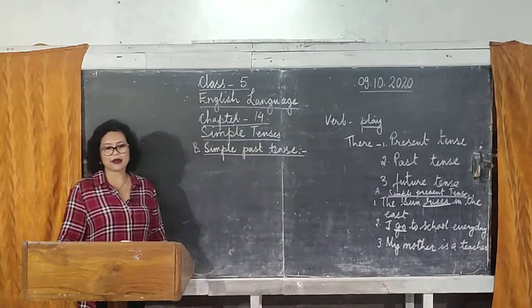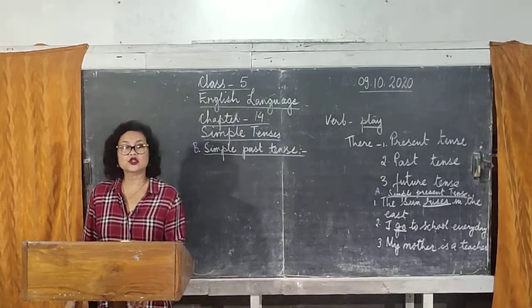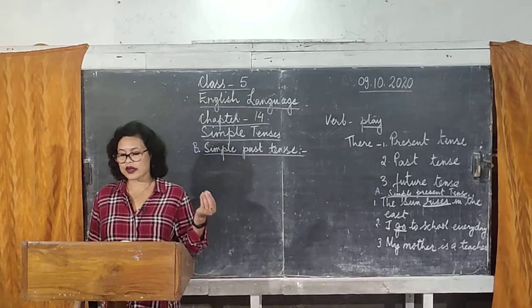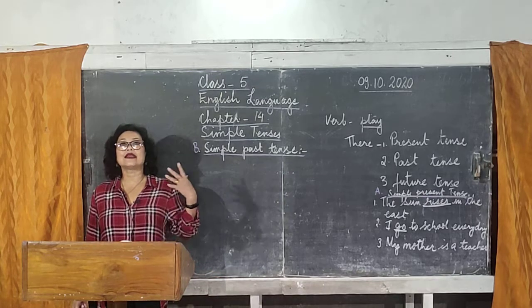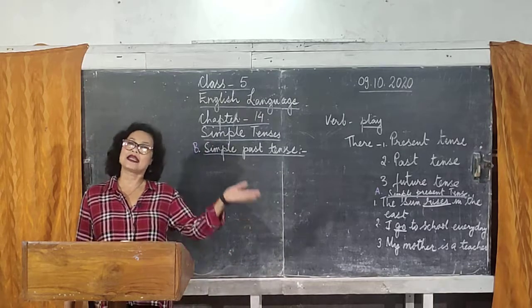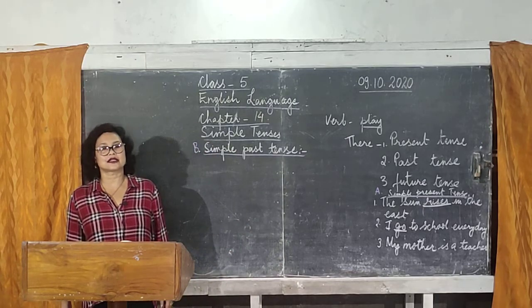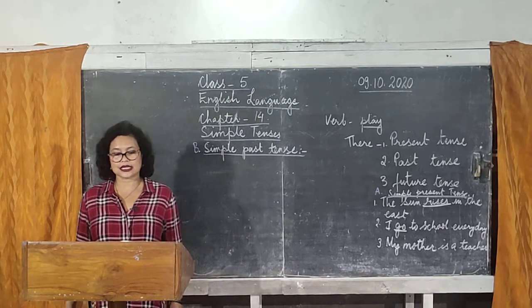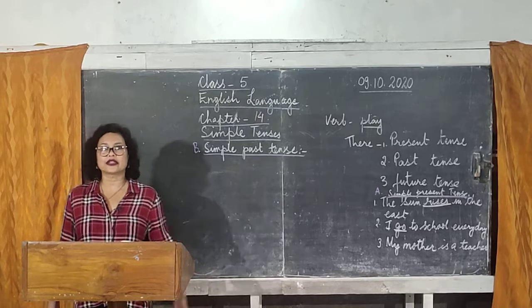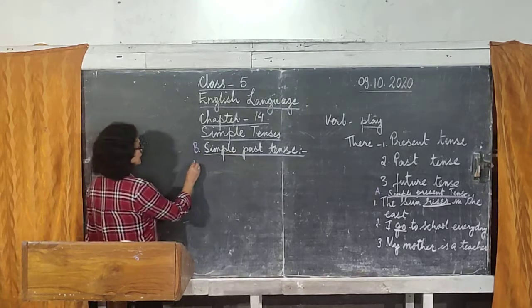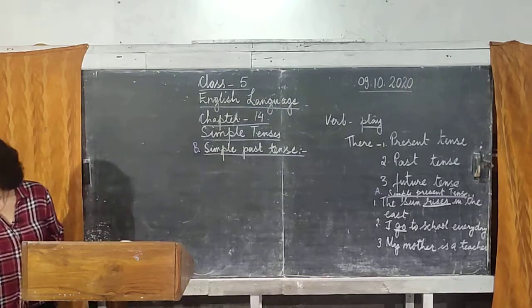Okay. Simple past tense can be used to express, number 1, action or events completed in the past. What you've already done yesterday. I slept late at night yesterday. I ate my dinner at 8 o'clock yesterday. These are all the action or events completed in the past. And example, I'll write number 1.